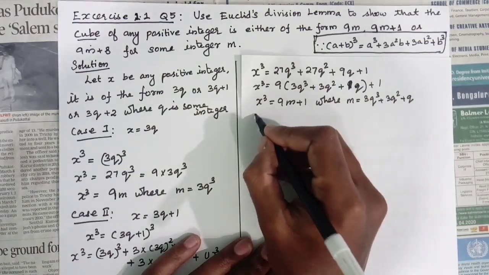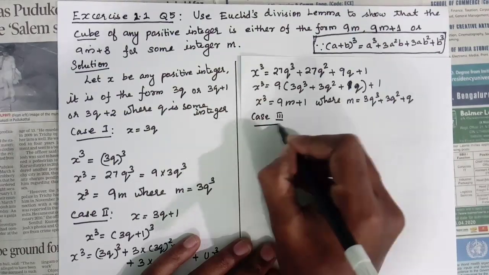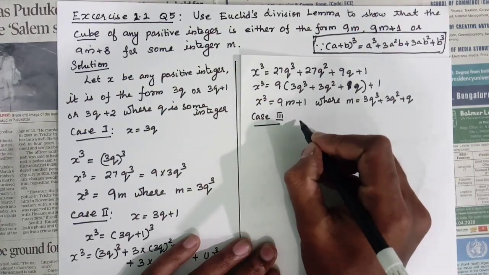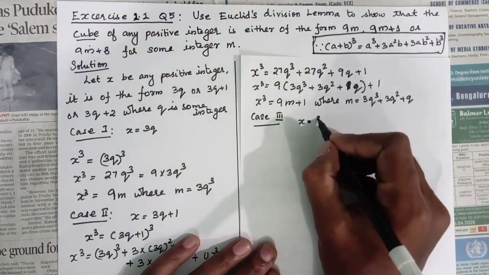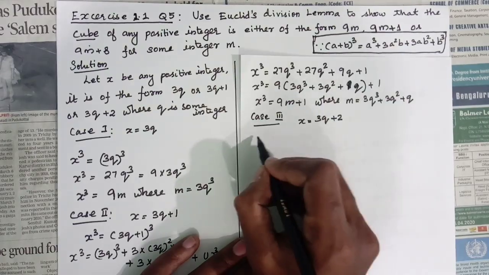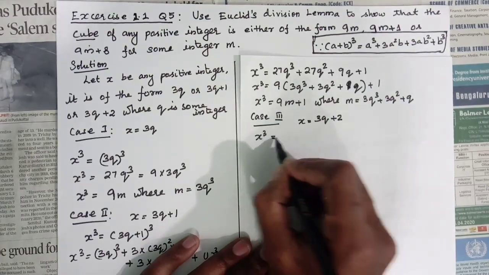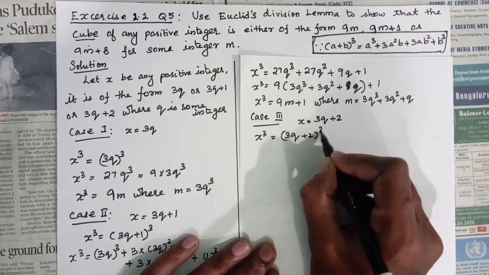Next we write case 3. Here we are taking x equal to 3q plus 2. We can cube on both sides: x cube is equal to 3q plus 2 the whole cube.